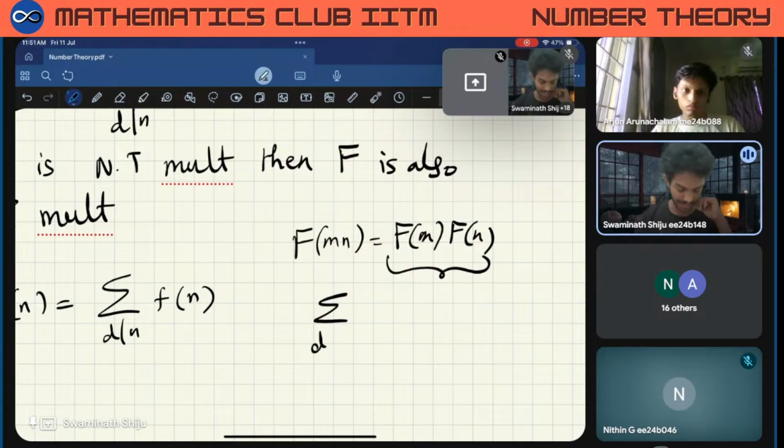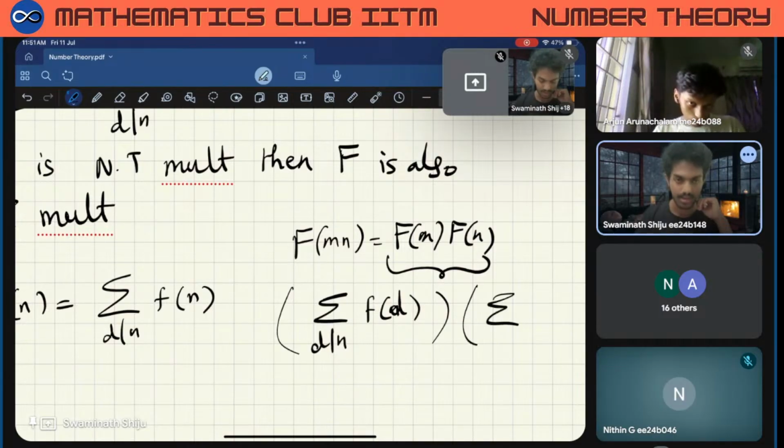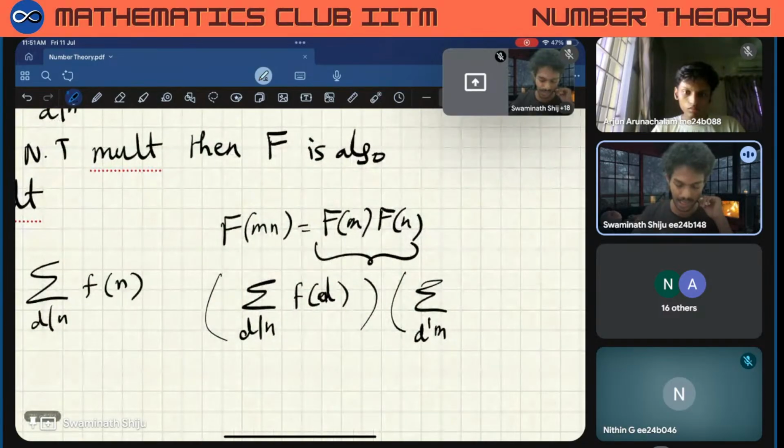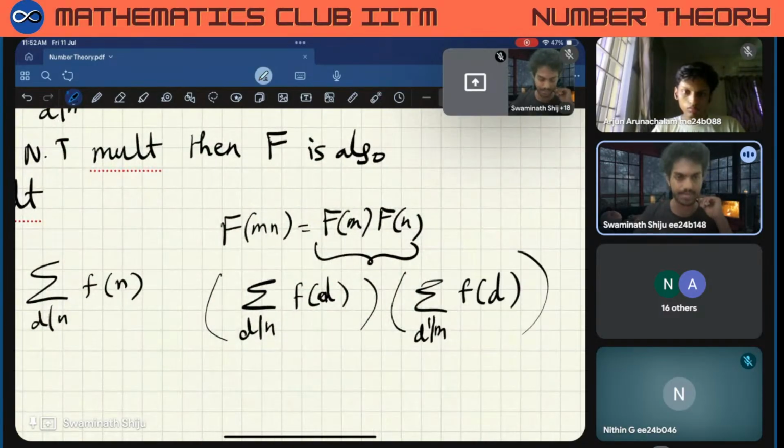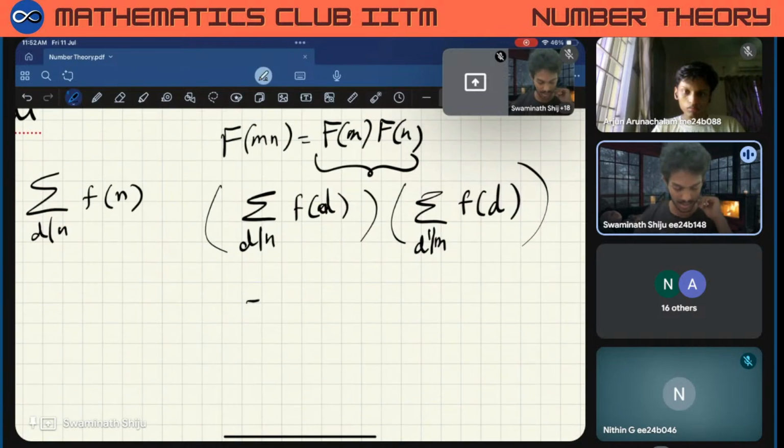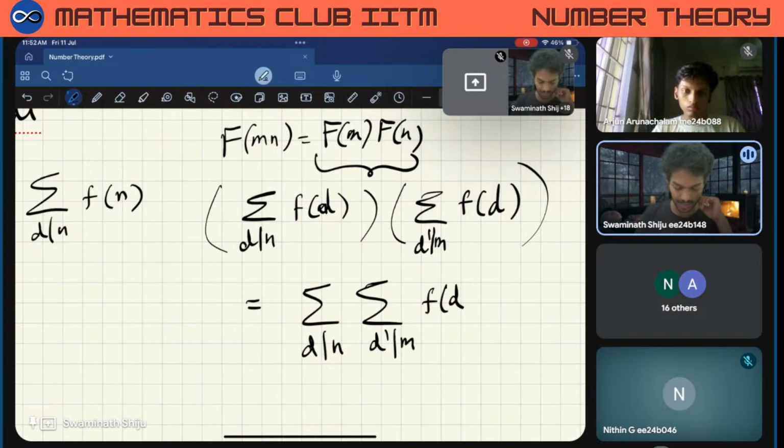This will be the sum over d dividing n of small f of d, and then the sum over d dash dividing m of f of d dash. Now we just multiply them together. We get the sum over d dividing n, d dash dividing m, of f of d times f of d dash.